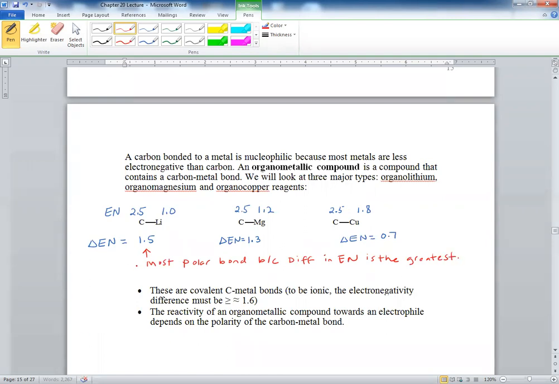And therefore, carbon in the organolithium, in the carbon-lithium bond, is at an advantage here. The advantage is that this carbon right here will be the most electron rich.